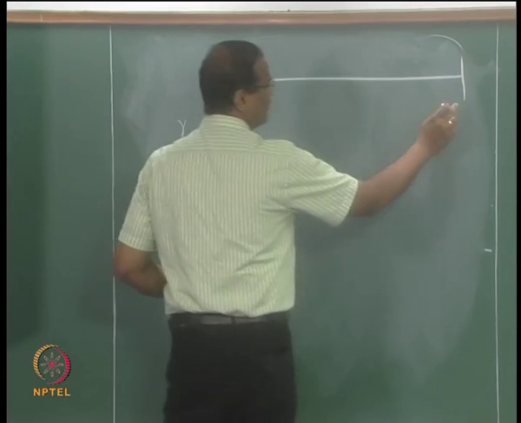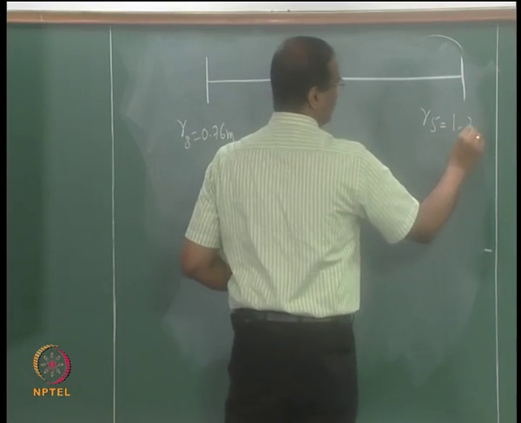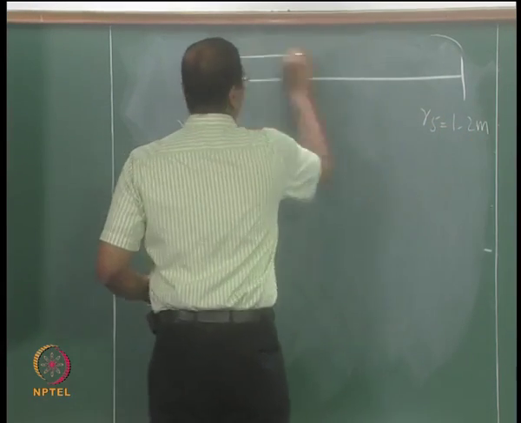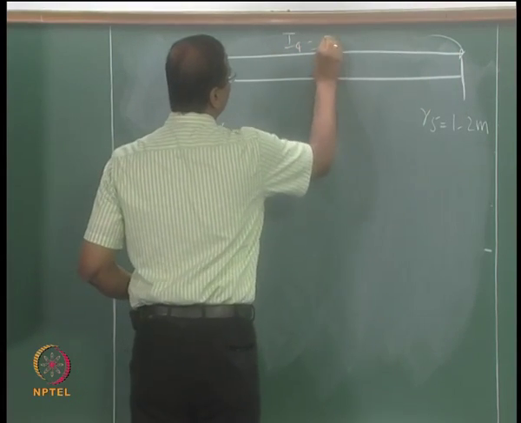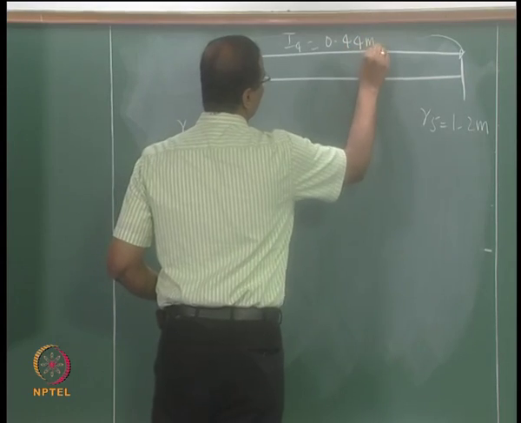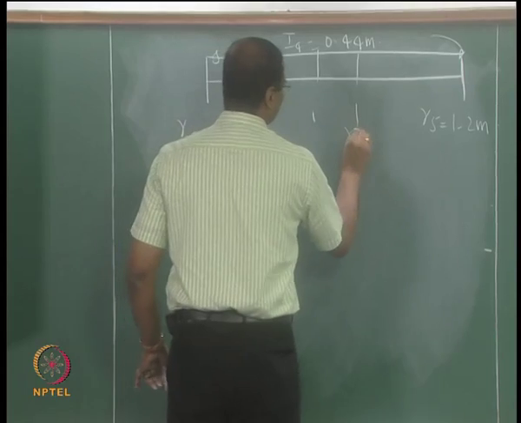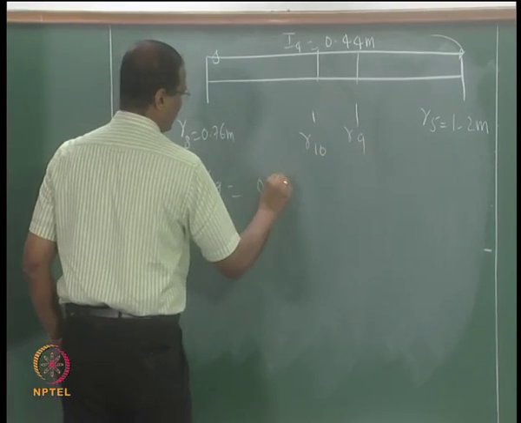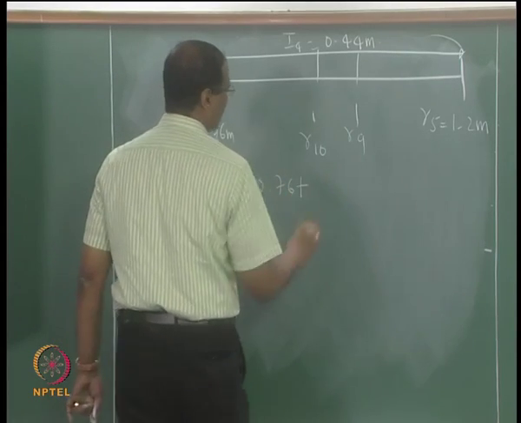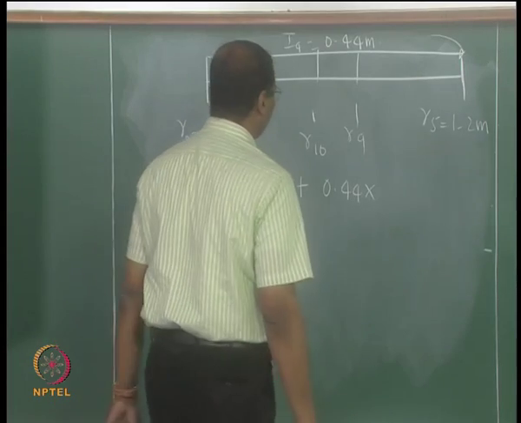This fellow is R5, he is 1.2. I4, 0.44. R9, R10. Three by 5.